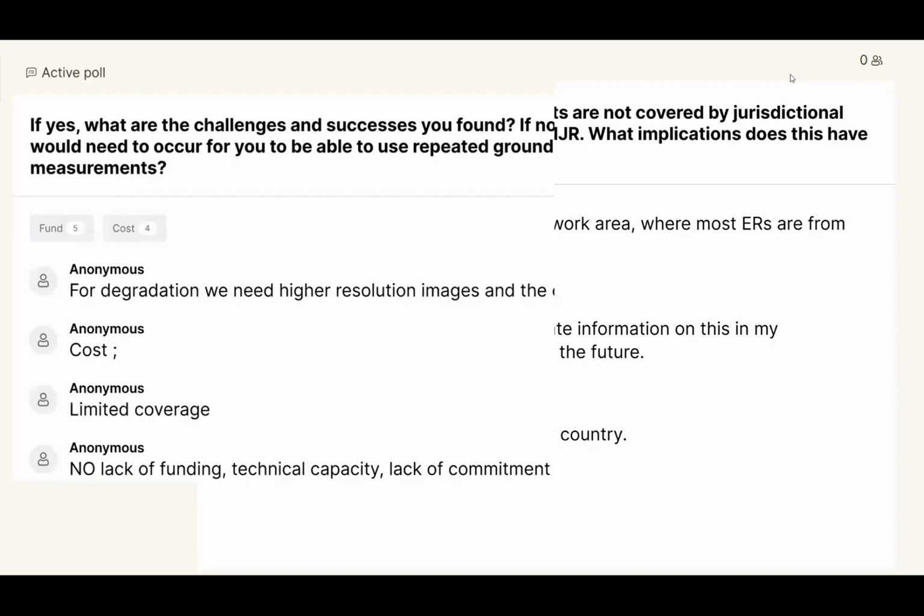What are the implications for your country or work area? Is that a major limitation, or would you say, well, we don't have that data anyway, or maybe it is really important, or you're like, well, most of the emission reductions come from deforestation anyway.